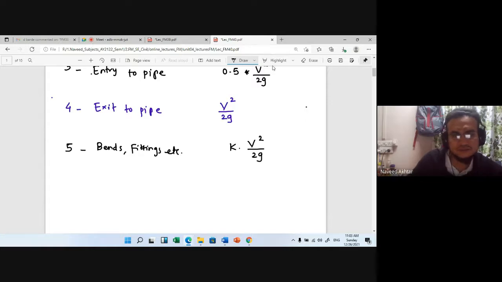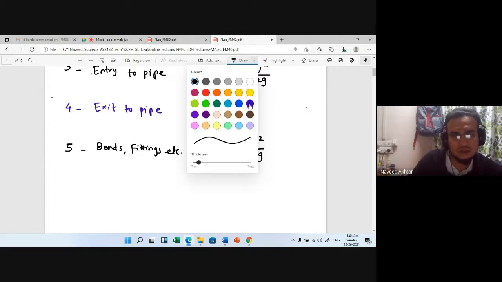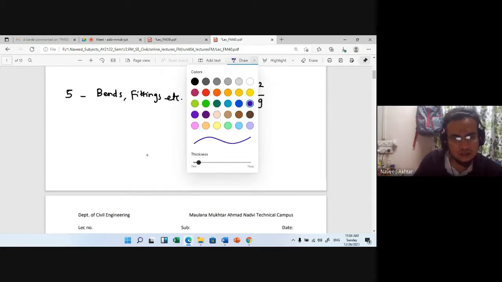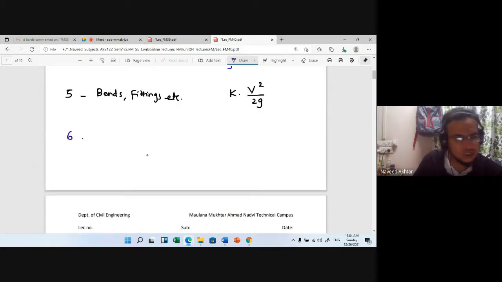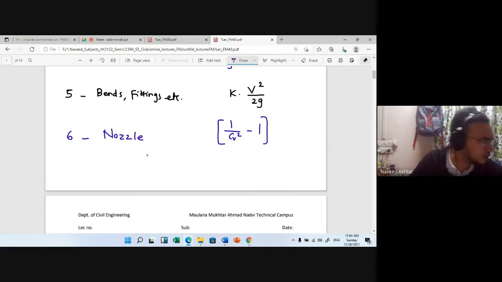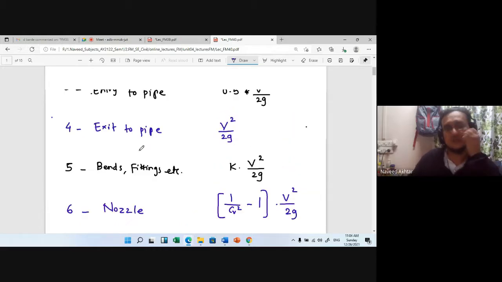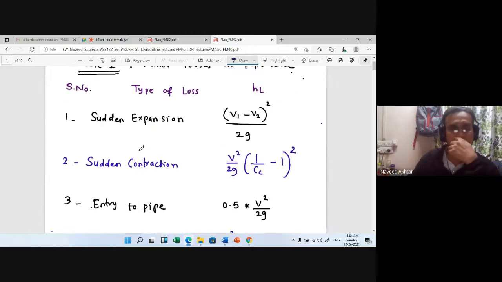And the last one, the sixth, is the loss due to the nozzle. If you provide a nozzle in the pipeline, then that is (1 upon Cv square minus 1) into V square upon 2g. So these are the minor losses you have to make in tabulated form in your notebook.